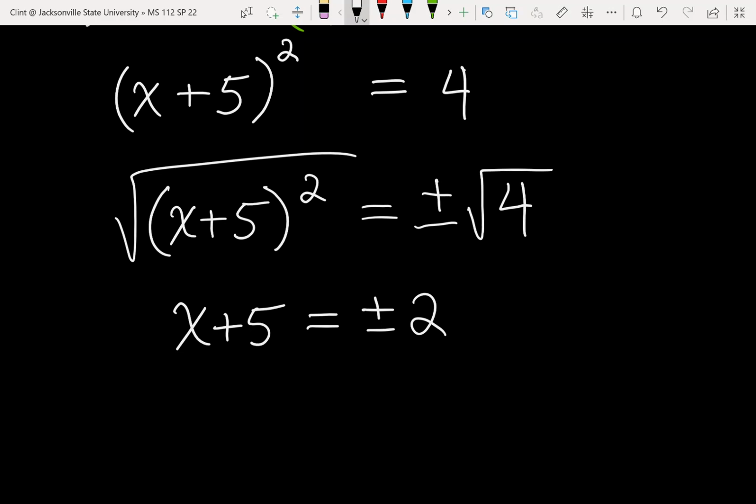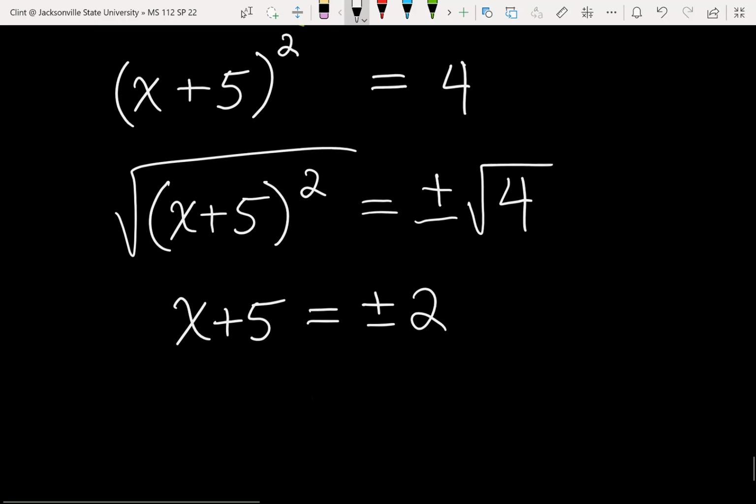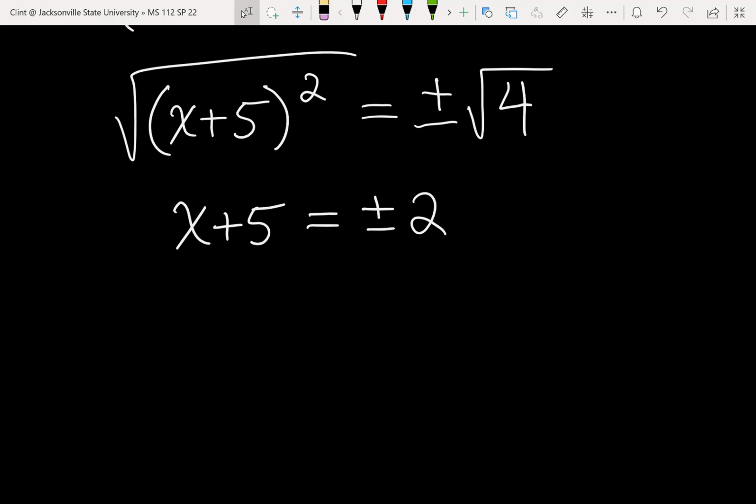And if I want x by itself, plus 5 right now, so to move it over to the other side, we subtract 5 from both sides. Get minus 5 plus minus 2. And then we get our two solutions. So if we use the plus sign, negative 5 plus 2 is negative 3.